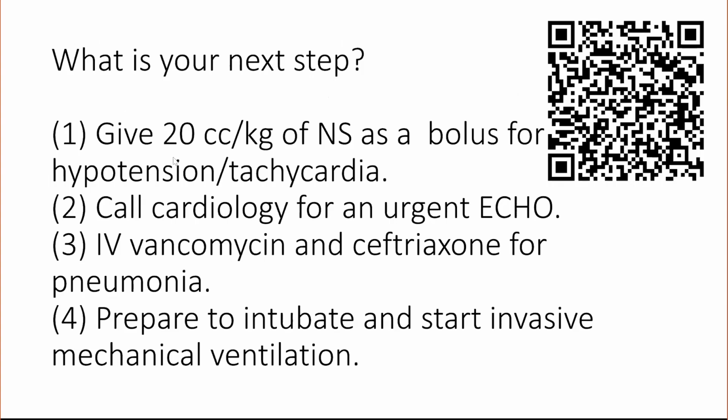What are your next steps? Would you give a fluid bolus for hypotension and tachycardia? You will call the cardiologist for an urgent echo. You would start giving him antibiotics, and you would prepare to intubate and start invasive mechanical ventilation. I'll give 10 seconds.